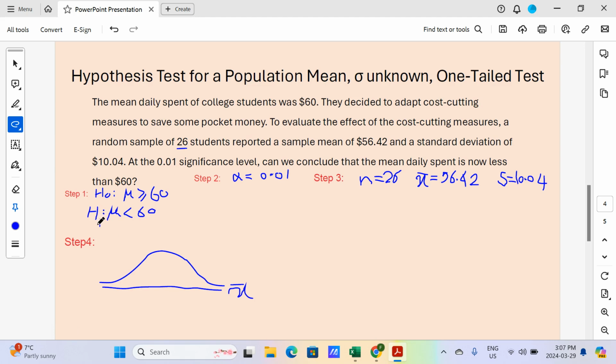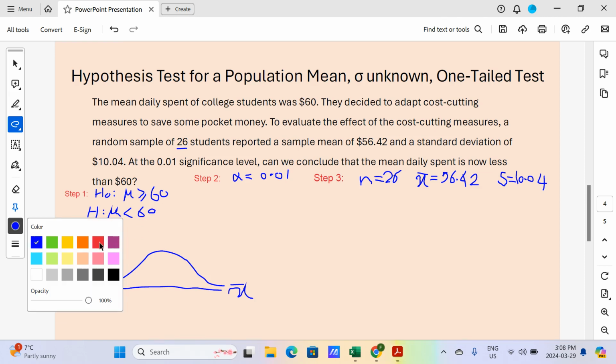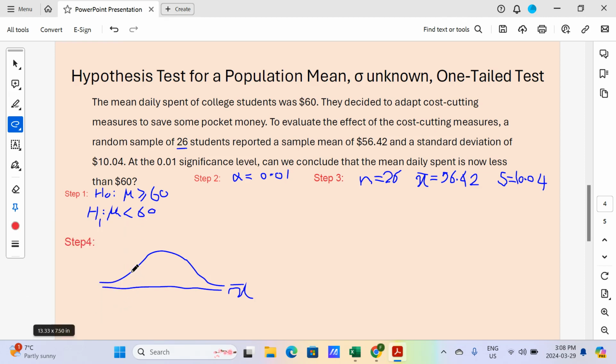If H alternative says mu is more than 60, the rejection region would be on the right side. Here I have a one-tail test, and because we don't have equal sign and not equal sign, it's not a two-tail test. We have a one-tail test, and the rejection region is on the left side.